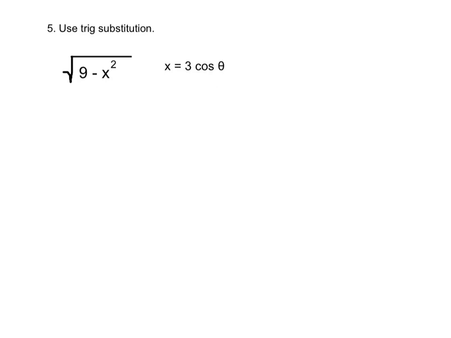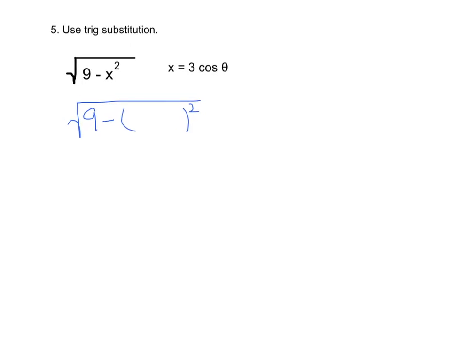So using trig substitution, you would rewrite this part, 9 minus, and leave some room. What is x? x is 3 cosine theta. So I'm going to substitute that value in there: 3 cosine theta, and be careful when you square it. The next one would be 9 minus, 3 squared is 9, cosine squared theta.